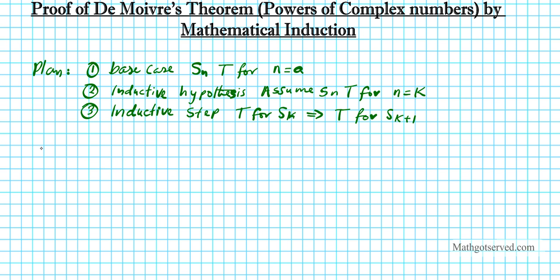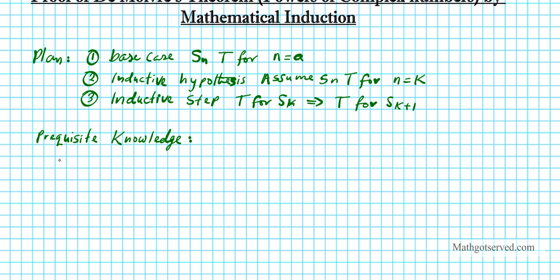But before we start, let's go over just two formulas that I'm going to be using in this proof. Prerequisite knowledge. You just need to remember your trig identities, namely the sum identities for sine and cosine. Sine of alpha plus beta equals sine alpha cosine beta plus cosine alpha sine beta.